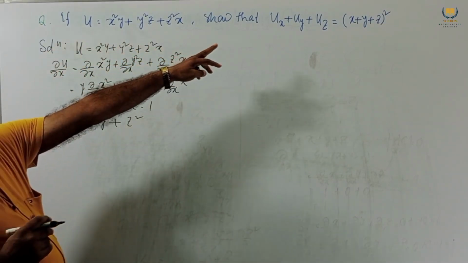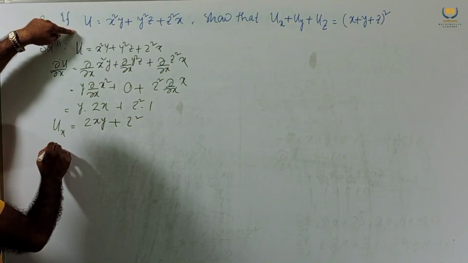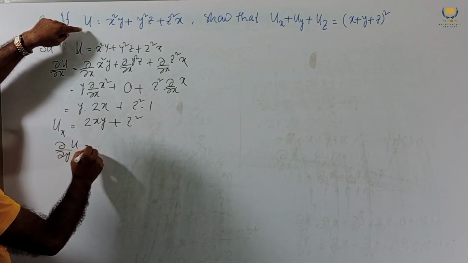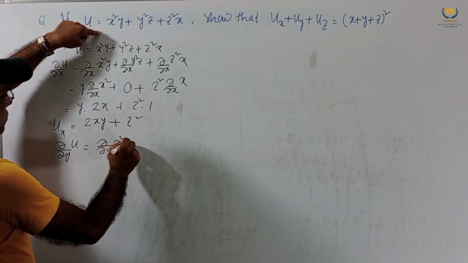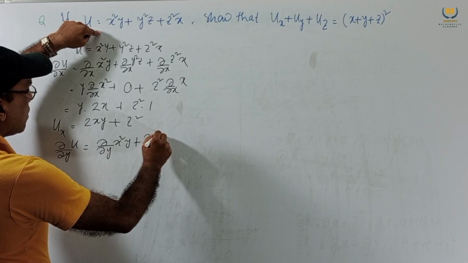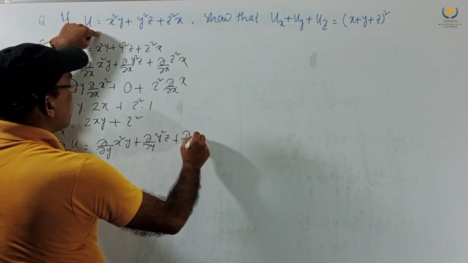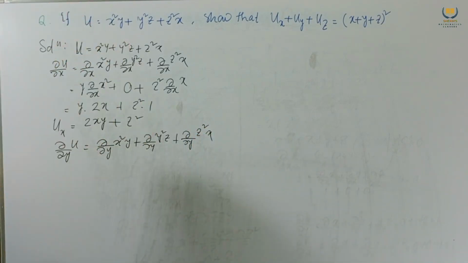Again uy, that means we differentiate partially with respect to y. Del y of u, del y of x square y, del y of y square z, del y of z square x. Just I have written directly.